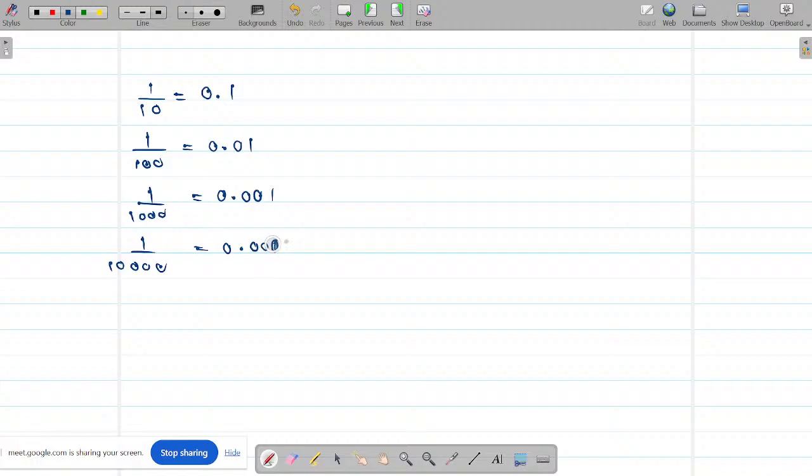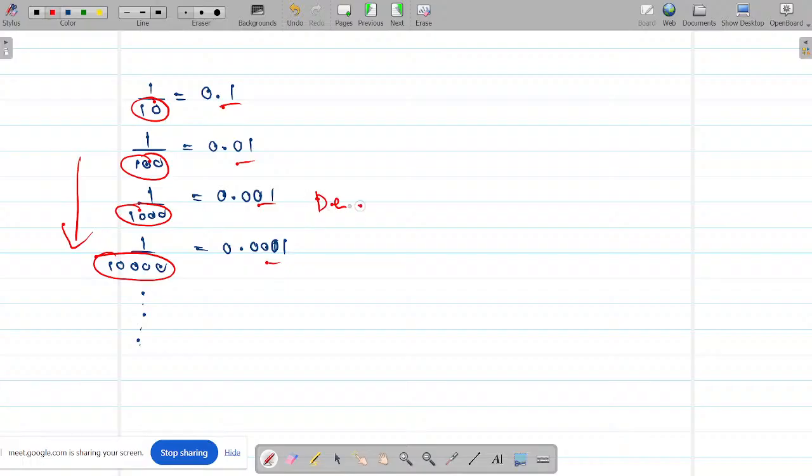So it goes on. What do you find from this? This number, the denominator, increases, increases, increases. What happens to this number? It decreases. When the denominator increases, the overall number will decrease.